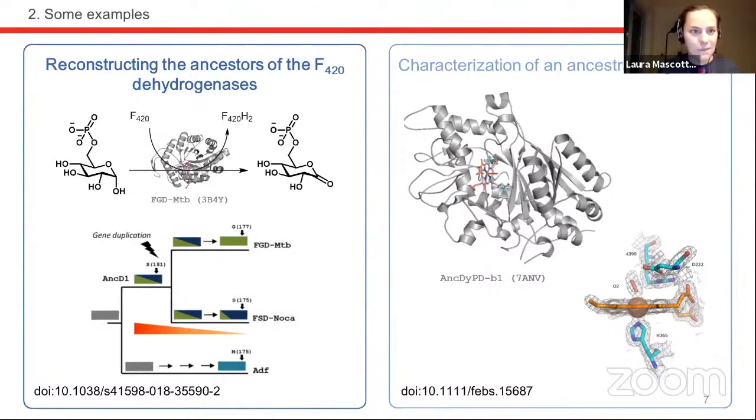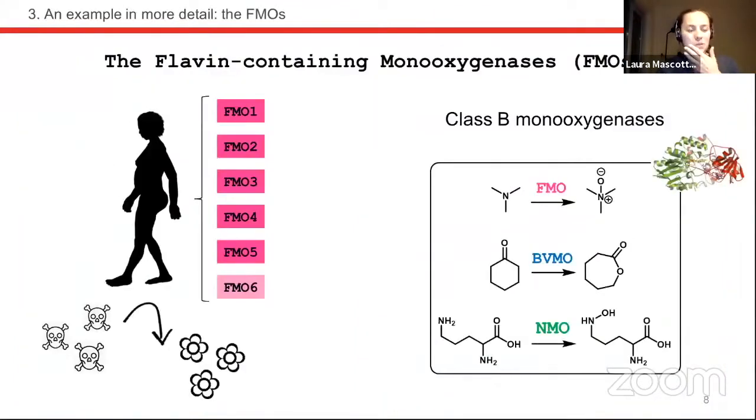But today, I want to talk a bit more in detail about a third protein family that we have been devoted to studying in the last years, the flavin-containing monooxygenases. These are very popular enzymes, and I think one of the reasons is that we humans have 5 different enzymes ourselves. We encode 5 different paralogs, FMO 1, 2, 3, 4, and 5, and we have a 6th copy, which is considered a pseudogene, a bit debated, but let's say that it is a pseudogene.